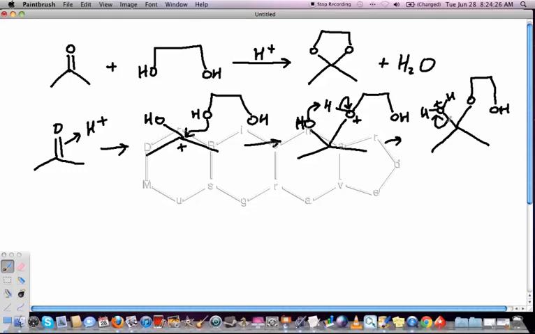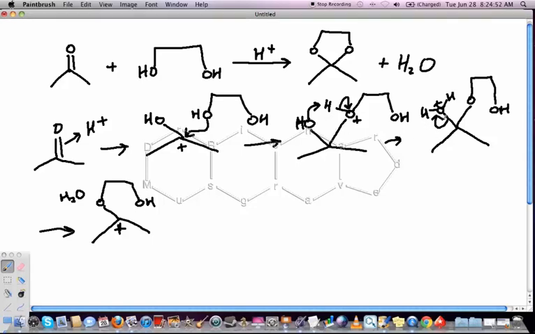Now we can get rid of that water. That's a leaving group. That's going to leave a positive charge on this C now. And there's the water that left.